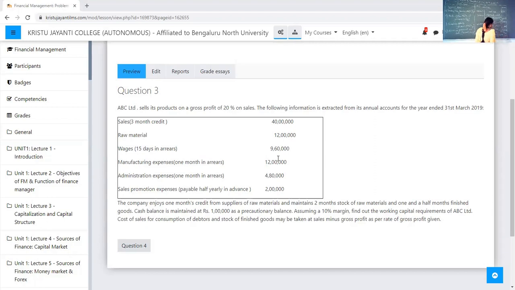How much are you getting as net working capital? Net working capital required is 14,52,000. 14,52,000 is your net working capital required.